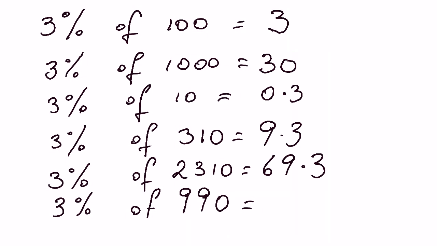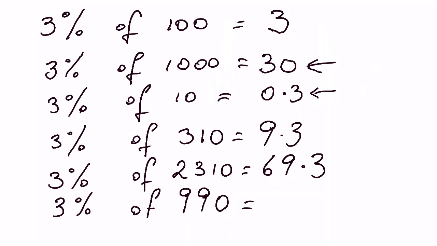Okay, hopefully these are the answers you came up with. 3% of 1,000 is 30, because that is 10 times 3, and 1,000 is 10 times 100. And going the other way, dividing by 10 gives me 0.3 for 3% of 10, because 10 is 100 divided by 10. So 0.3 is 3 divided by 10.